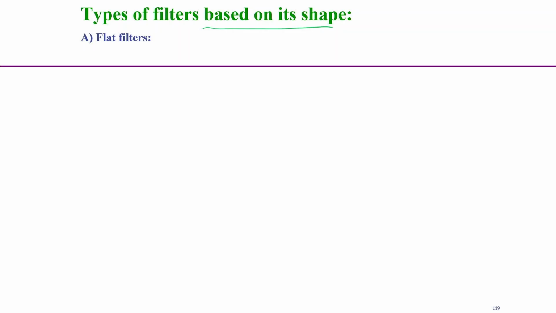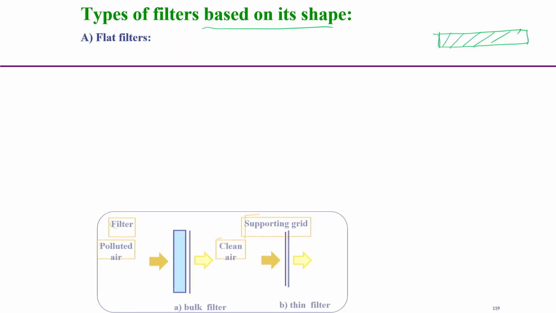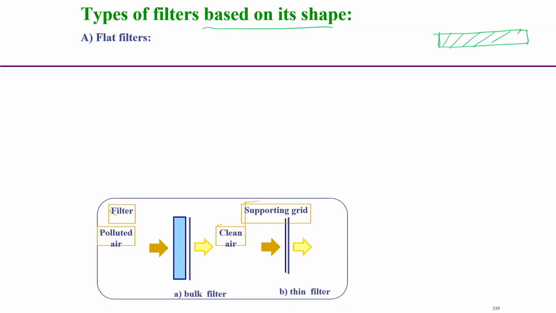First is the flat filter, where a very stiff filter medium is kept in a flat form. It may be a bulk filter or a thin filter.